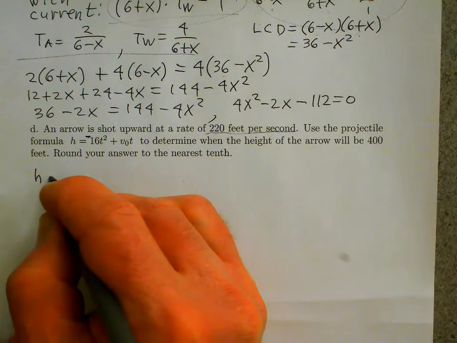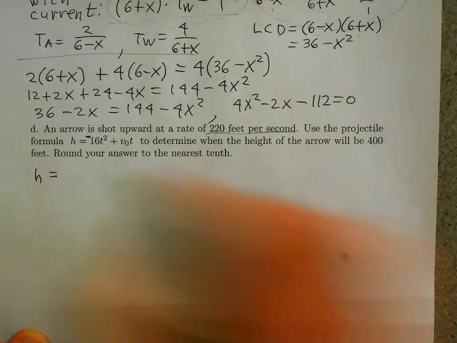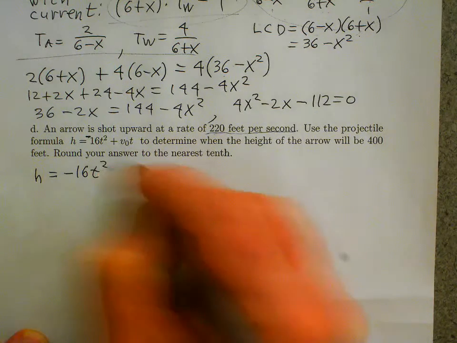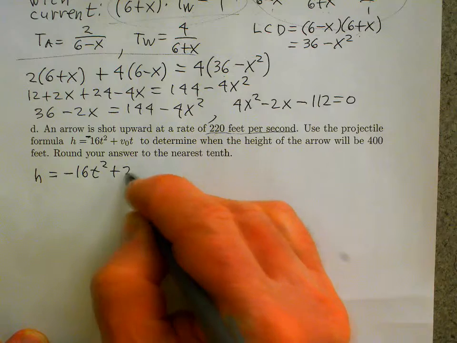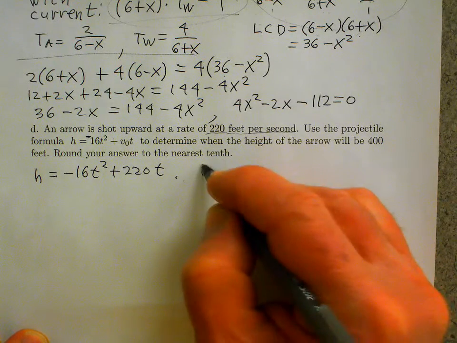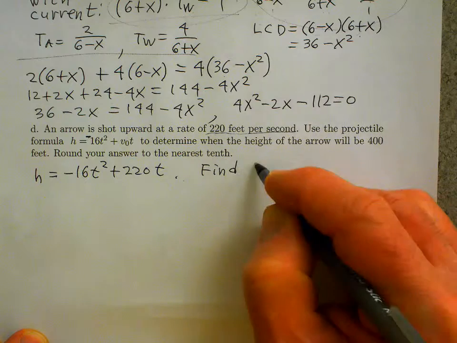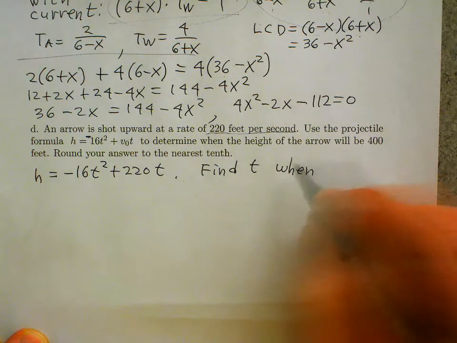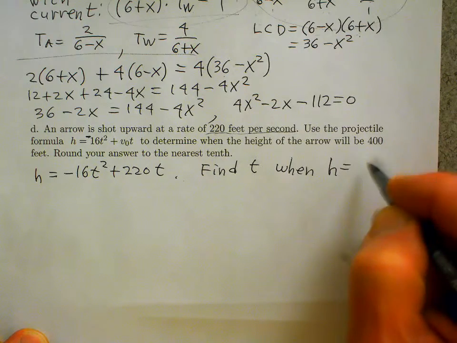Okay, so the formula is h equals negative 16t to the second plus 220 times t, and we want to find the value of t when the height h is 400 feet.